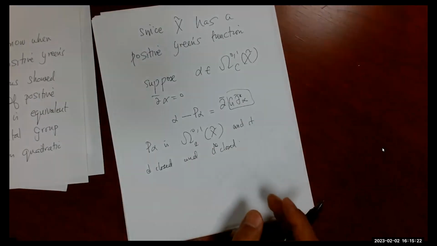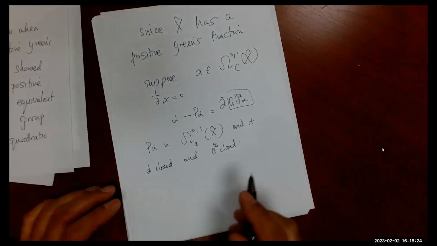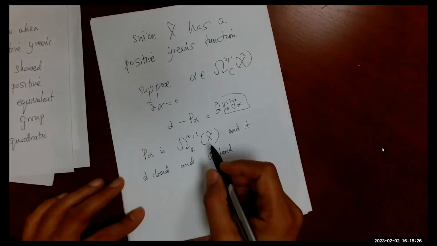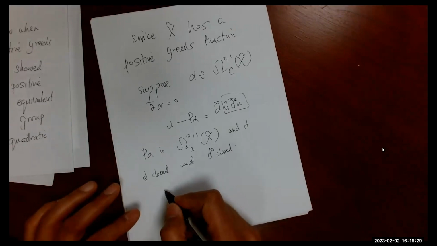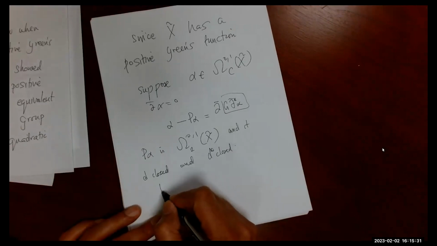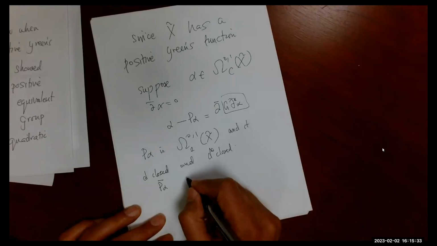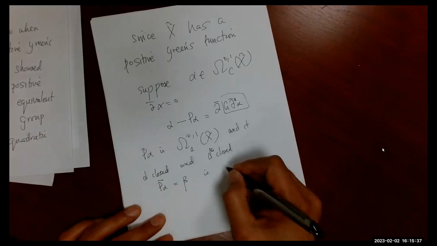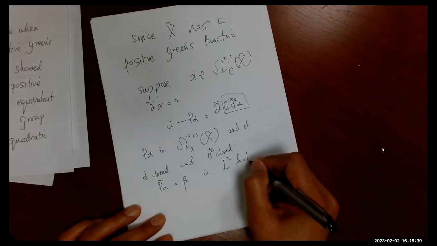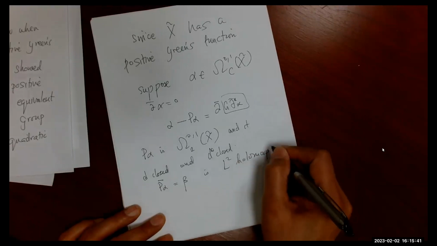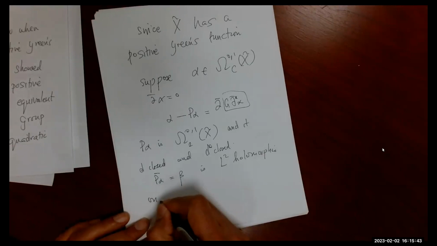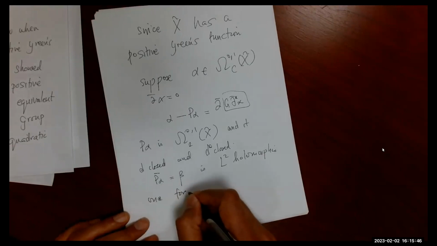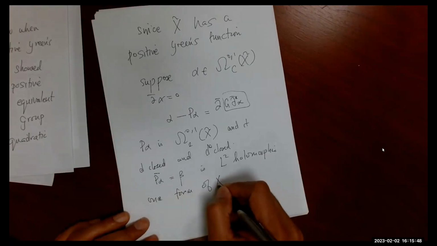So if you take its conjugate, P alpha conjugate, let's call it beta, it is an L2 holomorphic 1 form on X twiddle.